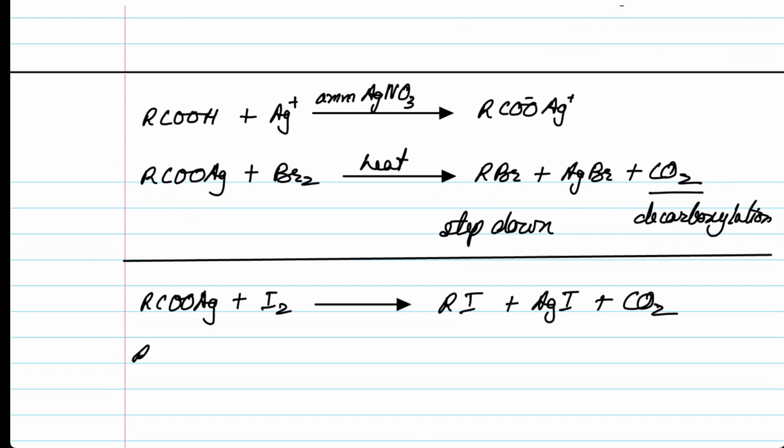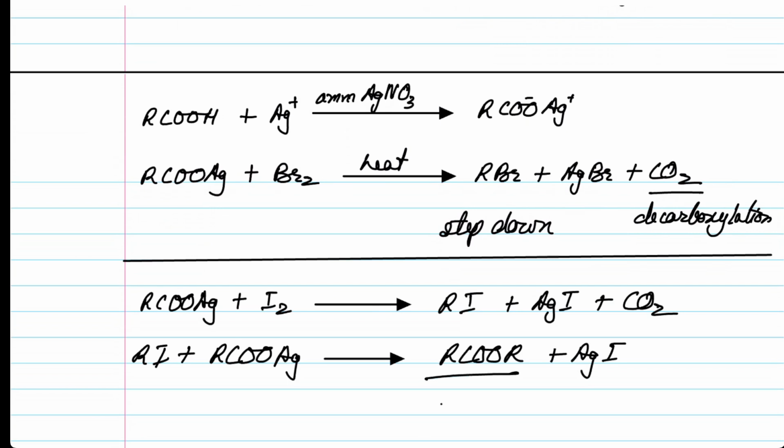This RI has the capacity to react with the remaining silver carboxylate, giving a substitution reaction in which I of the RI is replaced by RCOO minus. So we end up with RCOOR along with another part of AgI. Now this is an ester. So if instead of Br2 we use I2, then instead of alkyl halide we end up with an ester.